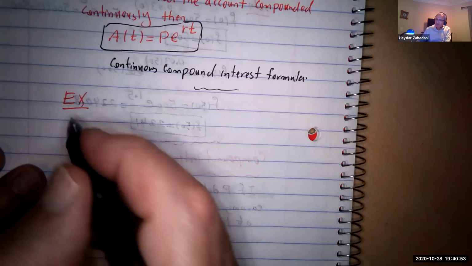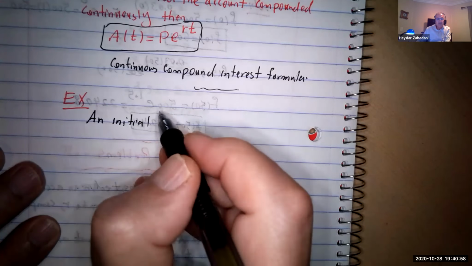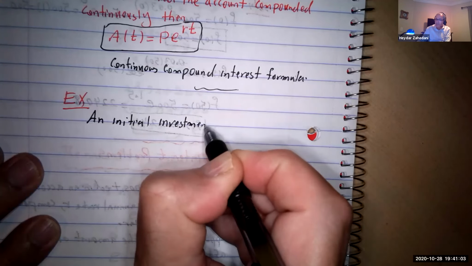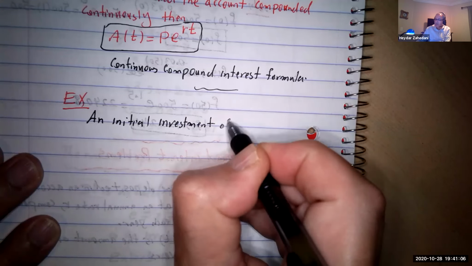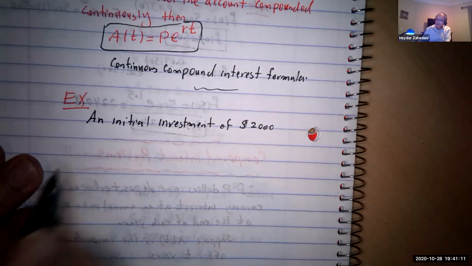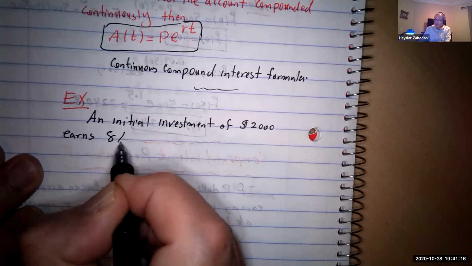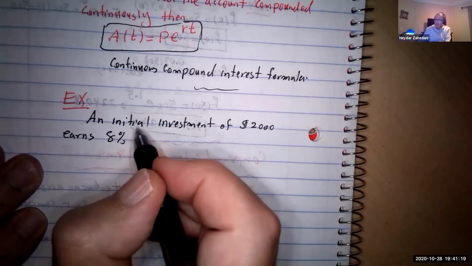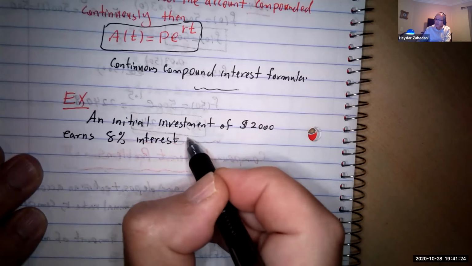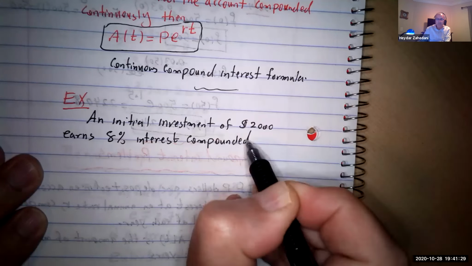An initial investment of $2,000. You put the 2,000 in the bank, earns 8% interest compounded continuously.